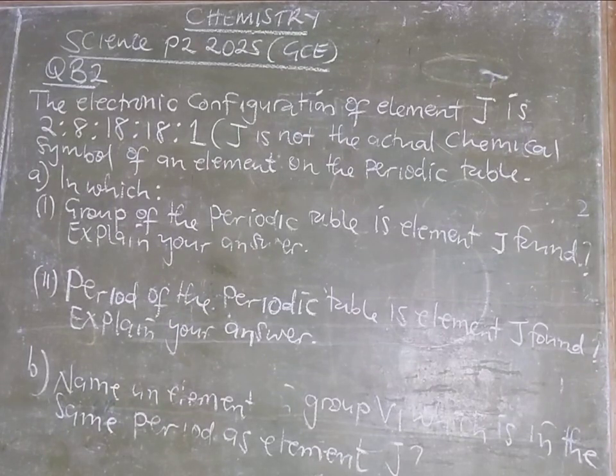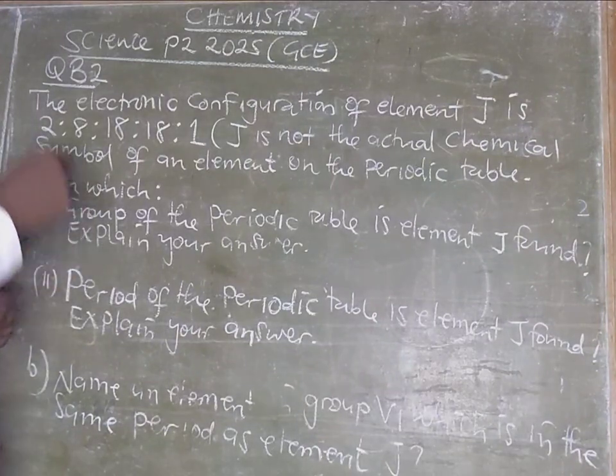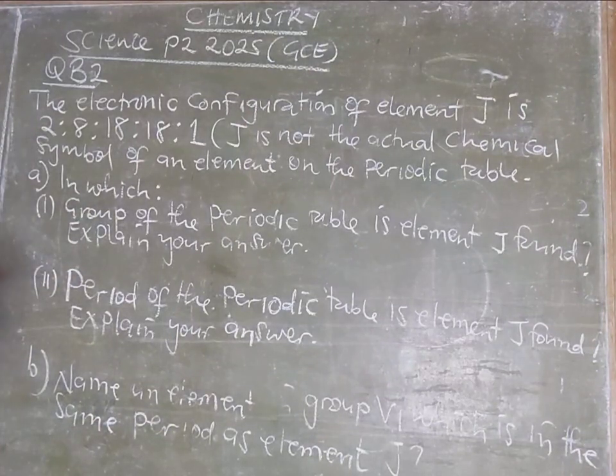So in this case, you have been given the electronic configuration of this element J, and they have emphasized that J is not the actual chemical symbol of an element on the periodic table. So it is just representing a certain element. Now question 1, they have asked in which group of the periodic table is element J found?